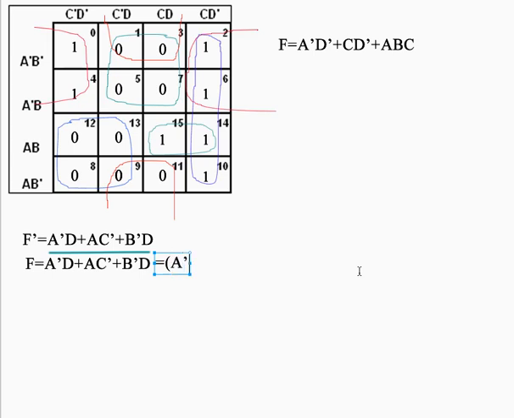A naught D, and then the complement of that. I'm going to have to draw it later. And then AC naught, and then the complement of that, and then B naught D, and now I'm going to have to make the complements for all of those.